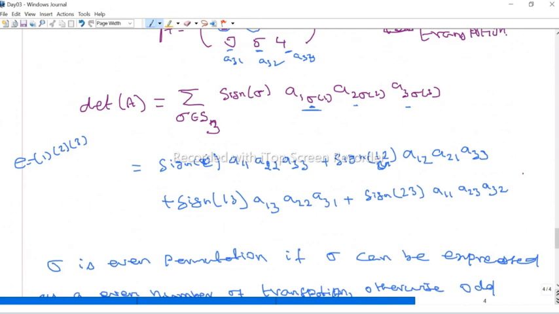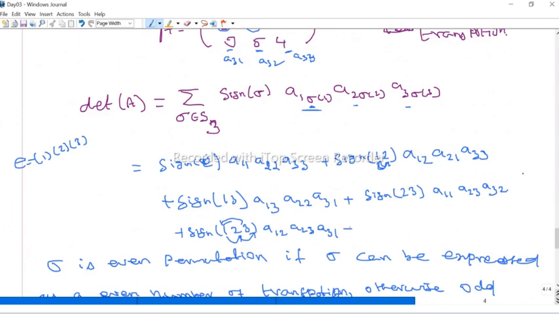Now what is the next permutation? Sign of the permutation 1 2 3, that means 1 goes to 2, 2 goes to 3, 3 goes to 1. Therefore A1 sigma 1, 1 goes to 2, therefore 2. A2 sigma 2, sigma 2 is 3, and A3 sigma 3, we finish the cycle, that is 1.